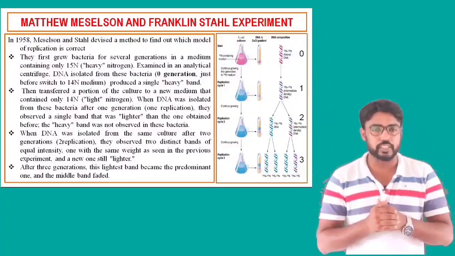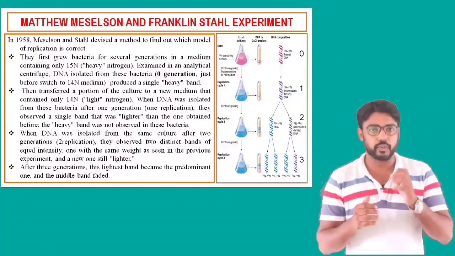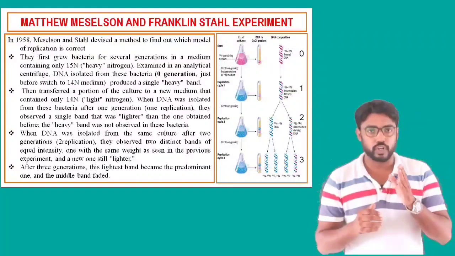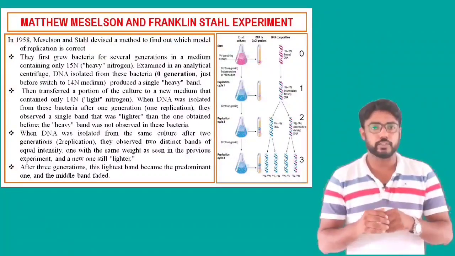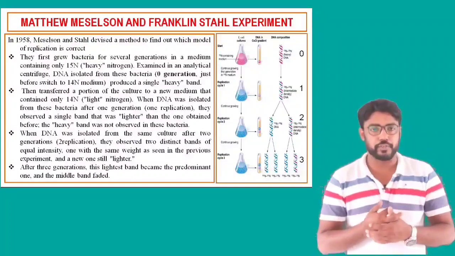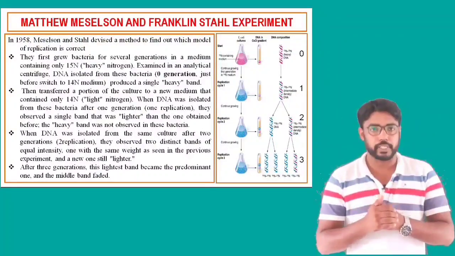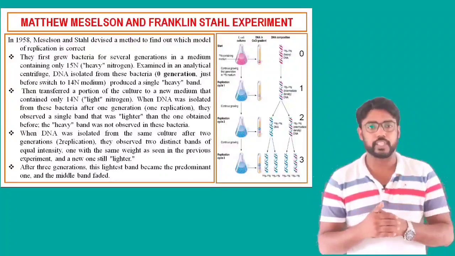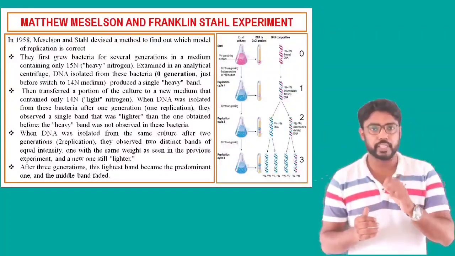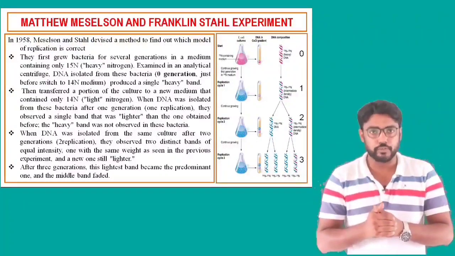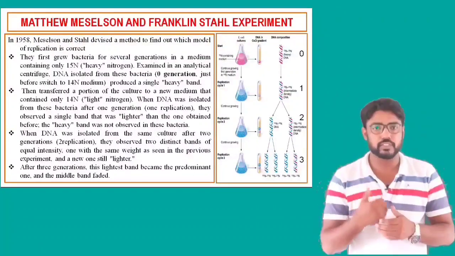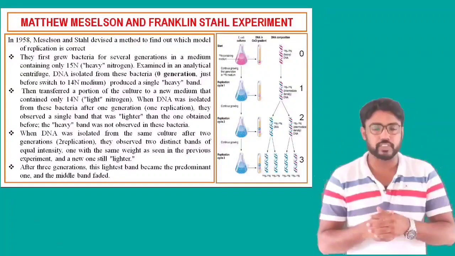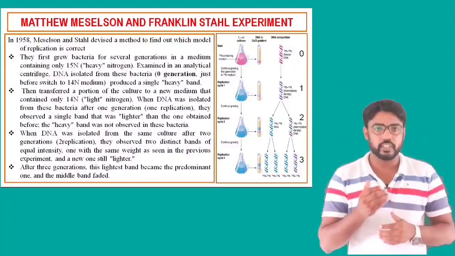They found that it produced only one band, a heavy band. This means the N15 medium bacteria, the zero generation bacteria, produced one heavy band in cesium chloride centrifugation.